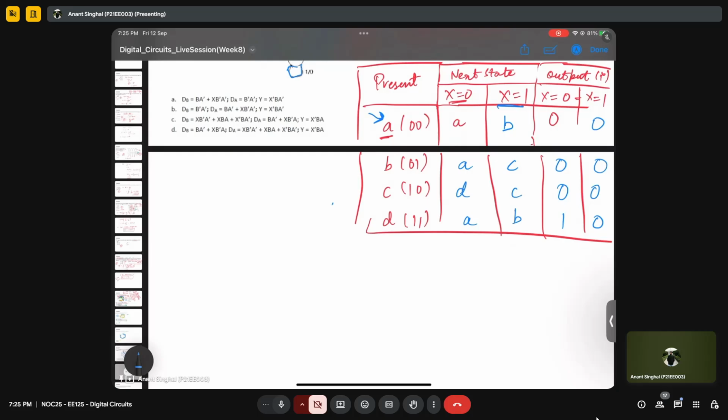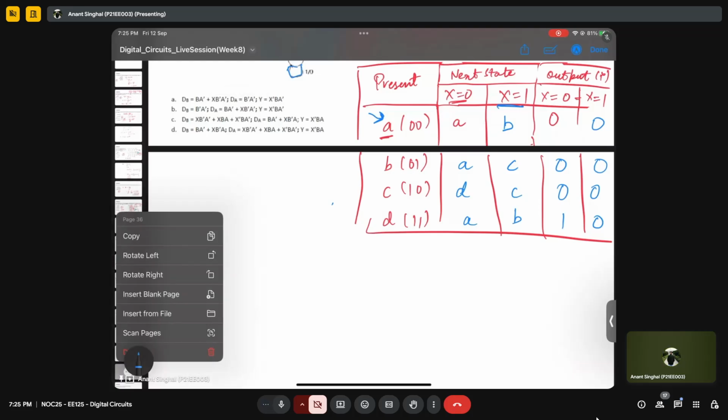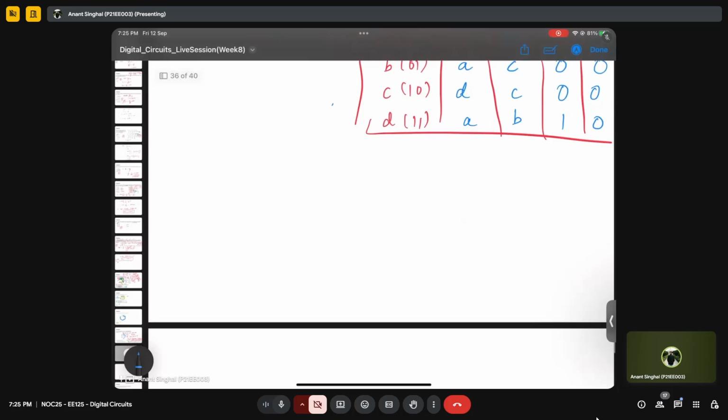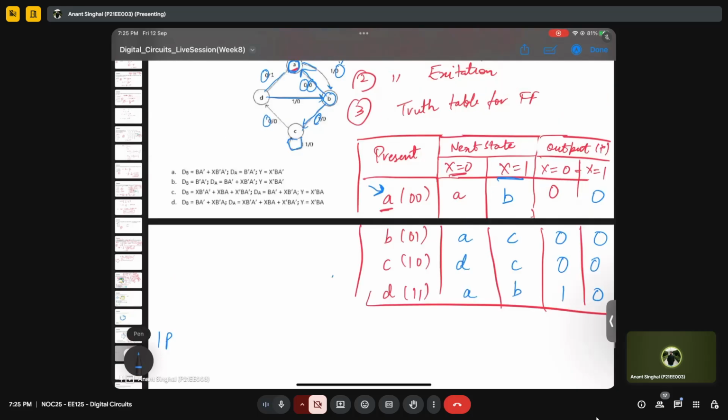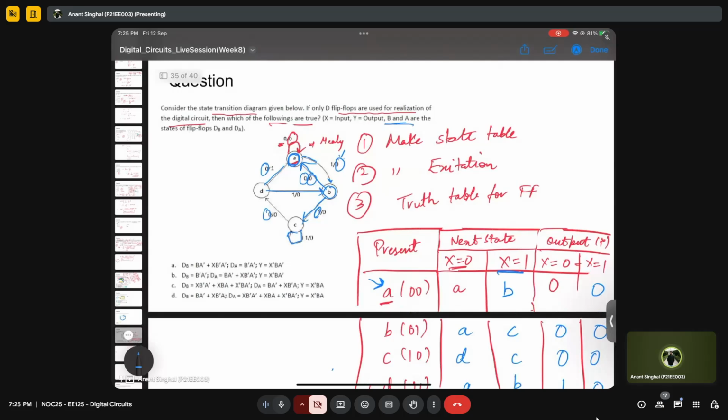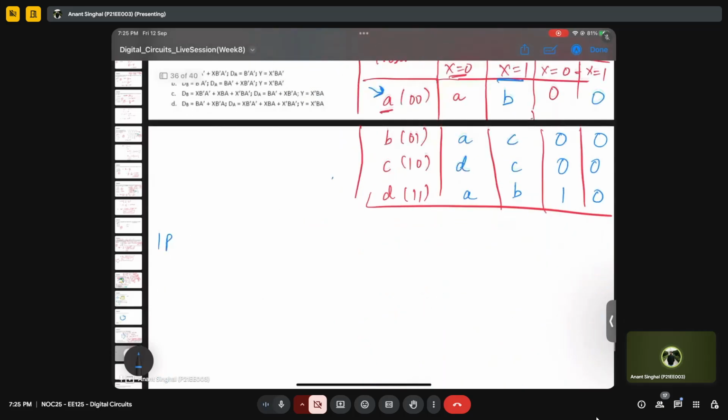Okay. So now we'll make the excitation table. The excitation table contains the input. Let me make it in the next one, it will take a lot of space. It has an input, and as you can see, B and A are the states of the flip-flop. So I'm writing capital B and A as the names.